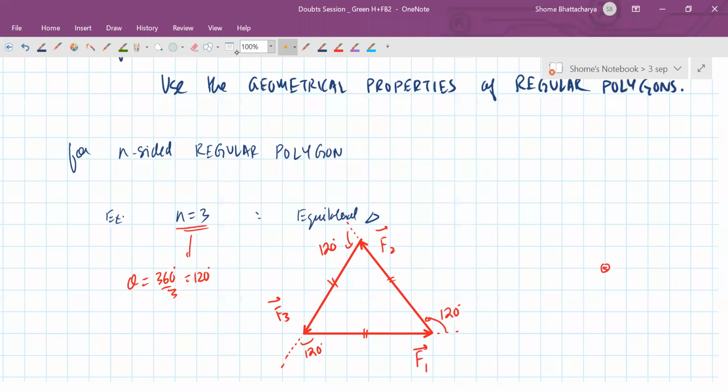So if these forces were acting at a particular point, you would show them like this: the force F1 is acting like this, the force F2 would be at 120 degrees to it, and then the force F3.